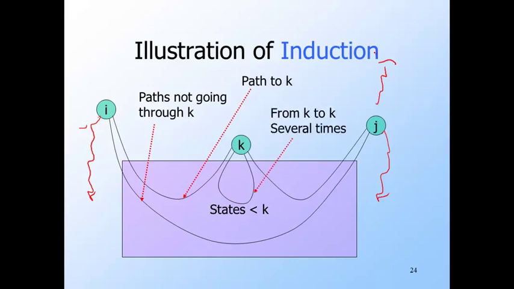And from k to k, you could go, again, through lower states 0 or more times. And finally, you go from k to j through states numbered lower than k. And that represents all the paths that go from i to j through k and lower numbered states.